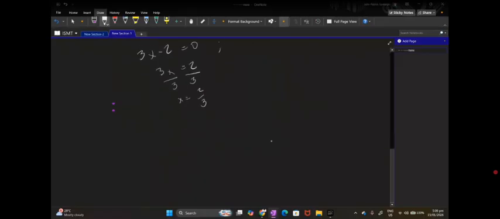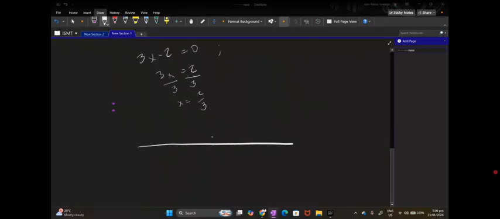So, next, we're gonna draw a number line. So, 0, 1. Ano ba yung number na closest sa 2/3? So, 2 divided by 3, it's 0.6. So, ang 2/3 is 0.6, so 0.5, around here.